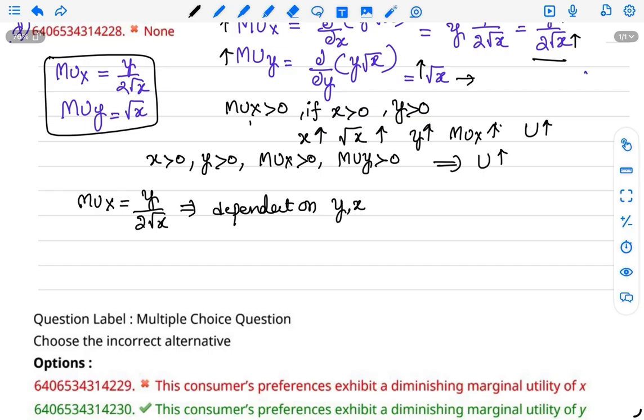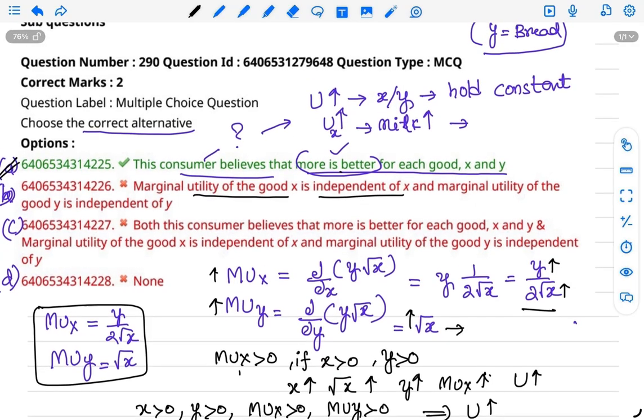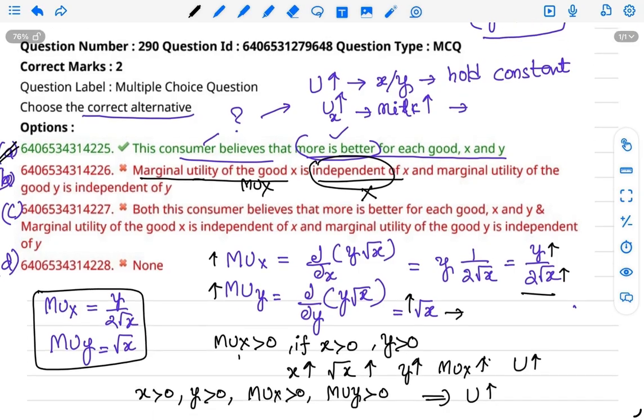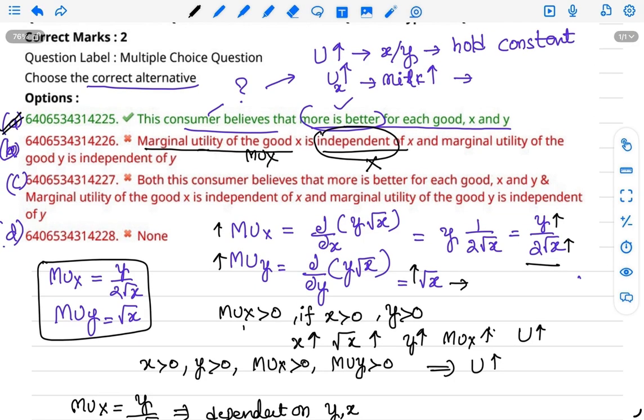It depends on the values of y and root x, so it is dependent on both goods y and x. So in option B, saying that MUx is independent is wrong, it is dependent. So this option is not correct.